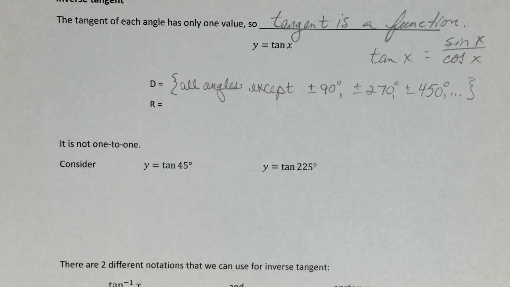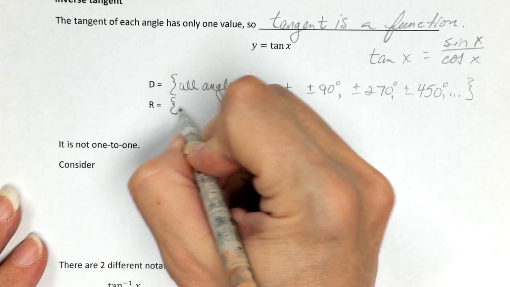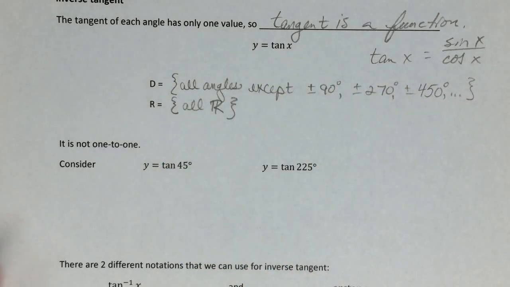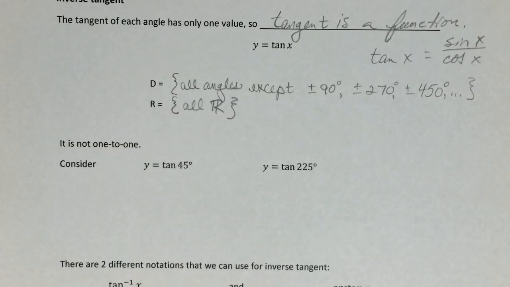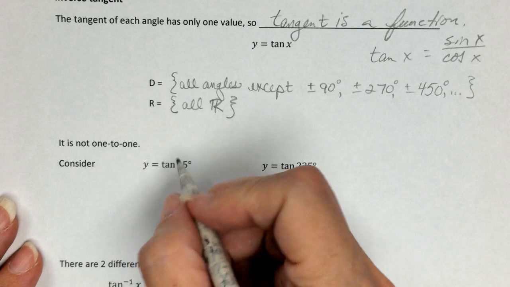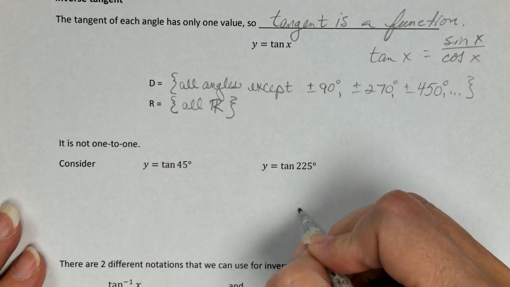The range for this is also different than for sine and cosine. It's all reals. They can keep on going up or down infinitely. So I'll just put all reals. It is not one-to-one, just like the other ones aren't one-to-one. Here's an example. Hopefully I chose better this time. Oh, good.